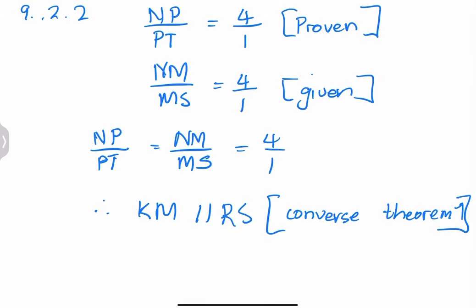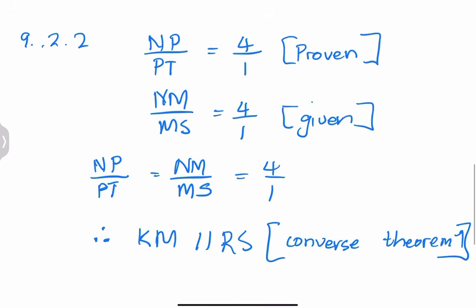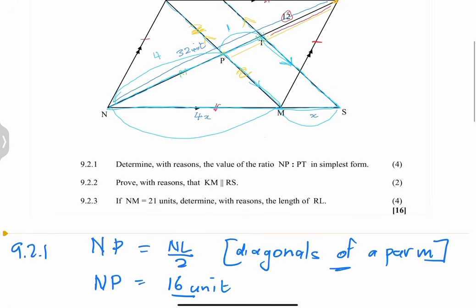That is, if a side is parallel to the third side of a triangle, then it divides the other side proportionally. I'm mincing my words today. I hope that makes sense, ladies and gents. So in this case, we have proven it; I'm just lazy to write the conclusion of that.